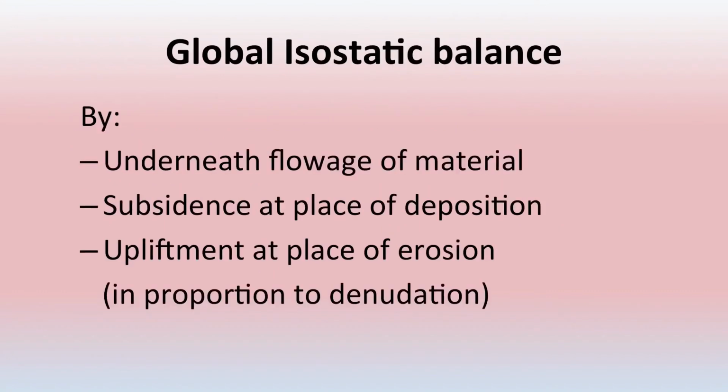For example, underneath flowage of material, that means underneath the earth's surface there is flowage or movement of material. Second one is subsidence at the place of deposition. Then third is upliftment at the place of erosion, in proportion to denudation. So, these are the three ways in which global isostatic balance is maintained.